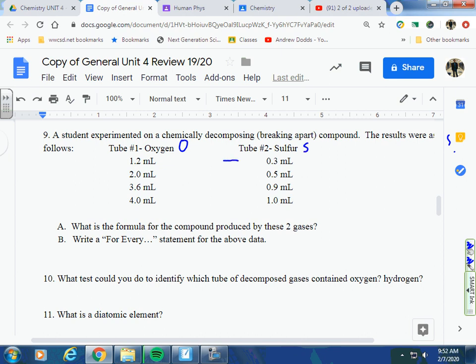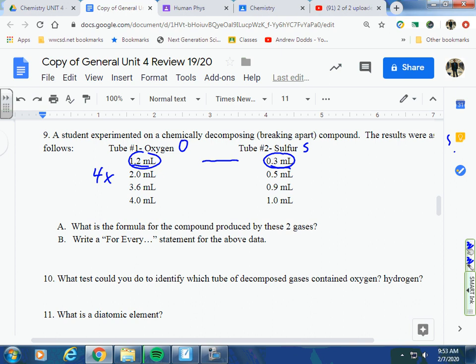At the first step, 0.3 milliliters of sulfur has been produced, and oxygen 1.2 milliliters. All you have to do is compare these amounts. I can see that the one side is producing 4 times as much oxygen. So what was the formula of the original compound? There must have been 4 times as much oxygen.